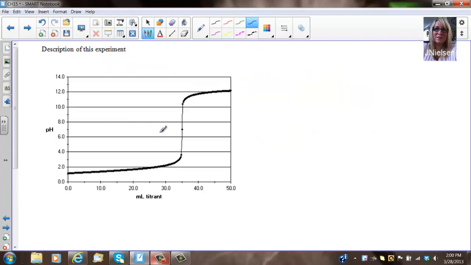So here's the graph, and here's my steep section. Here is the intersection of that, which on this graph you can see should be around a pH of 7. And that's what you'd be looking for on your graph.